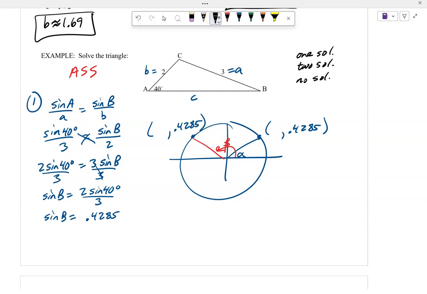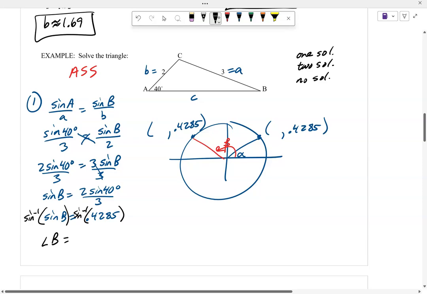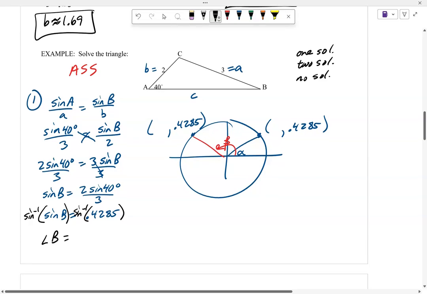But when I'm taking the arcsine here, it's only giving me that first one. So I run the arcsine, so angle B is the arcsine of 0.4285. Make sure you're in degrees when you do that. Let me go back to decimals and let's punch that in. Sine of 0.4285.